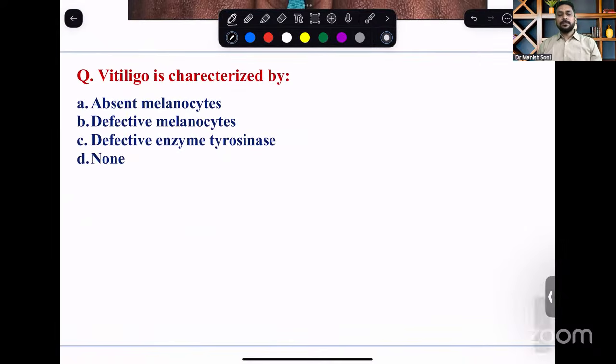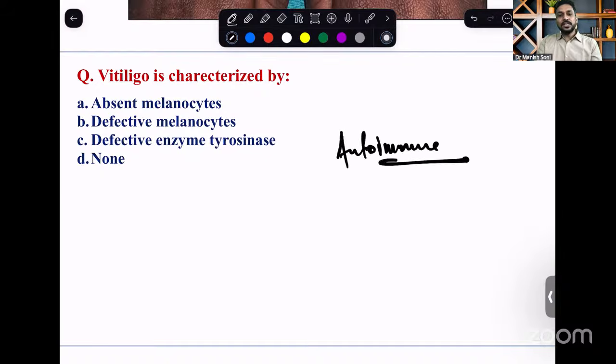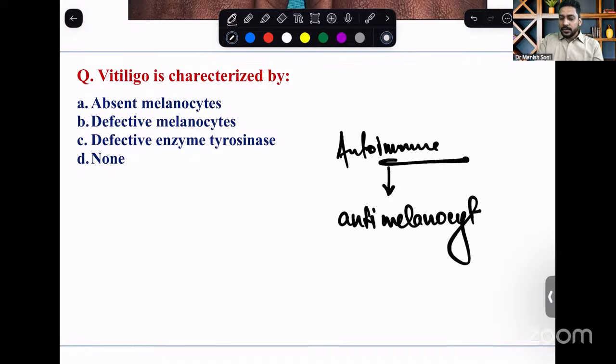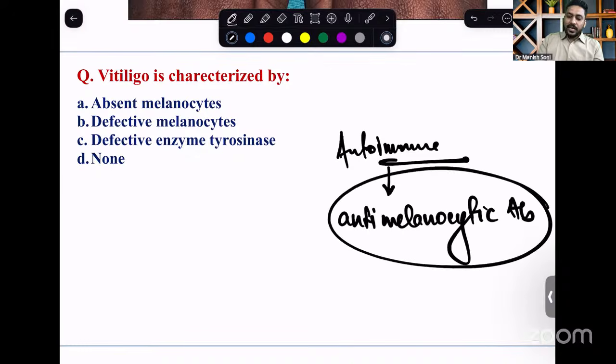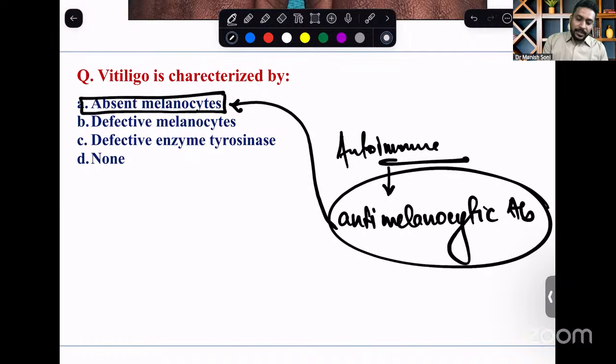Vitiligo is characterized by, now all of you know that vitiligo is an autoimmune condition. Here certain antibodies are formed, and these antibodies go and destroy melanocytes, and that's why we call them anti-melanocytic antibodies. The melanocytes are absent, and the skin loses all the melanocytes in that particular area.